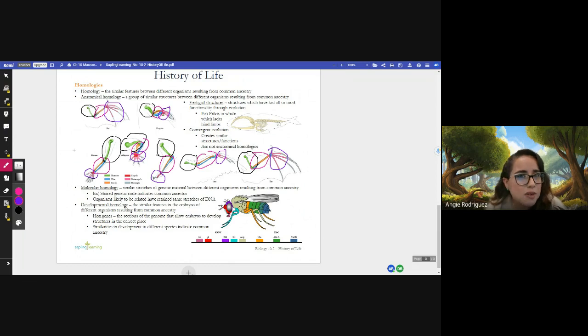So even though some of us can swim, the structure is different, but the pattern is the same. So again, that pattern is going to be one bone, which were all the green ones, two bones, which were the orange and blue ones, and then digits, which is the ones highlighted in pink. So again, that's one bone, two bones, digits, right? Those are the homologous structures under homologies.